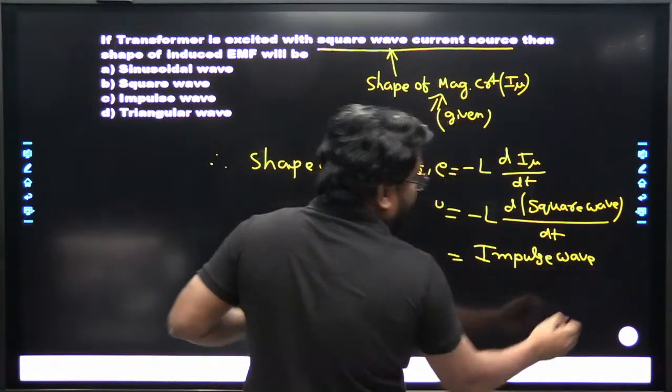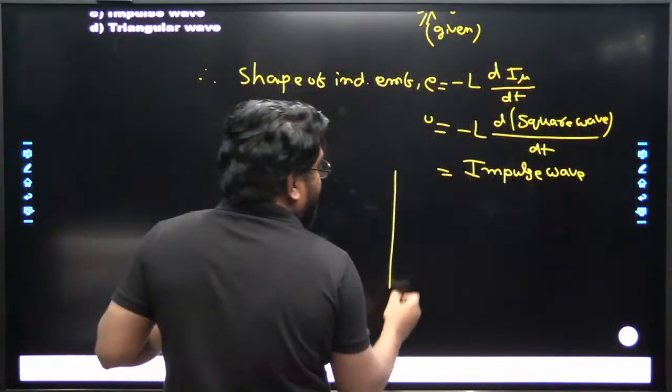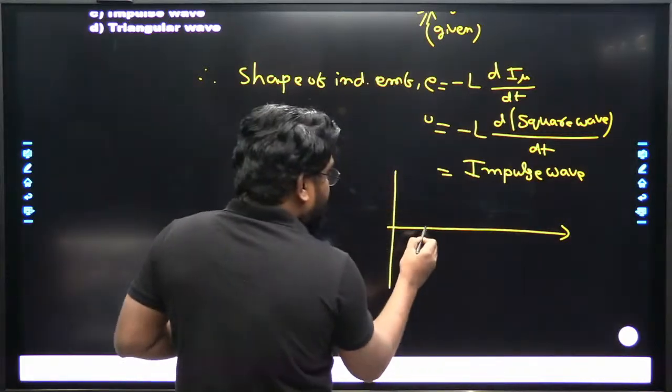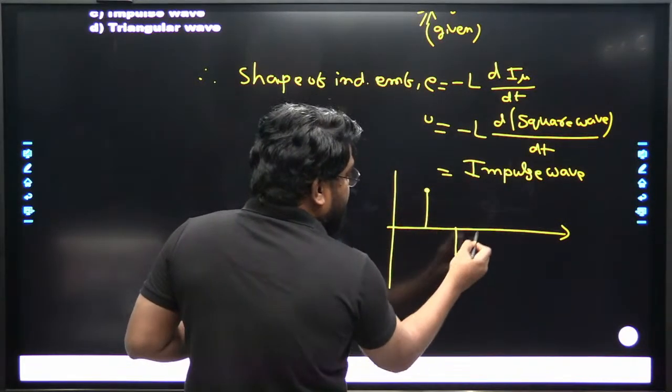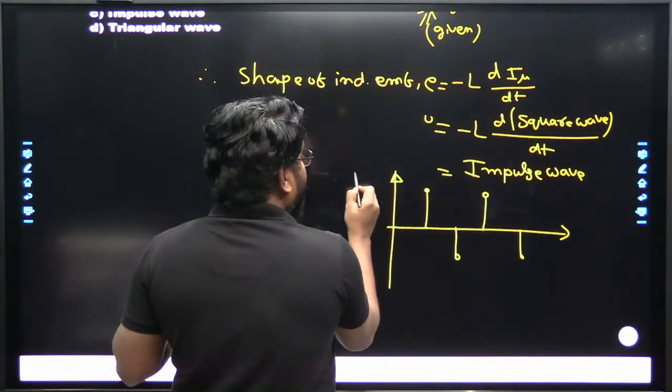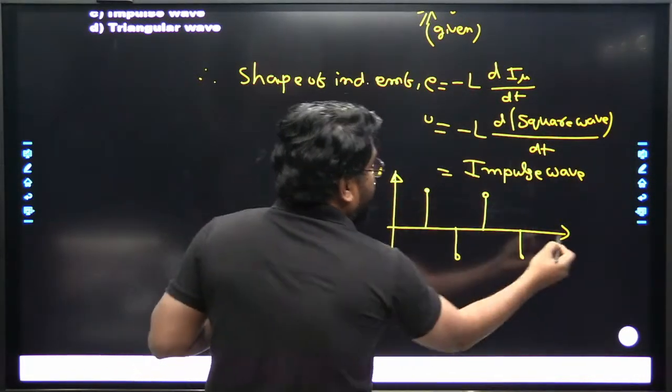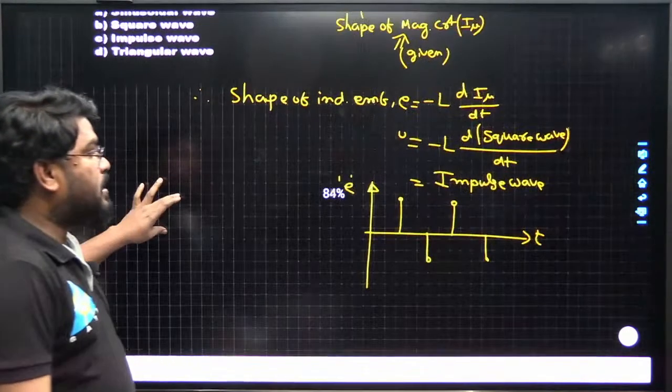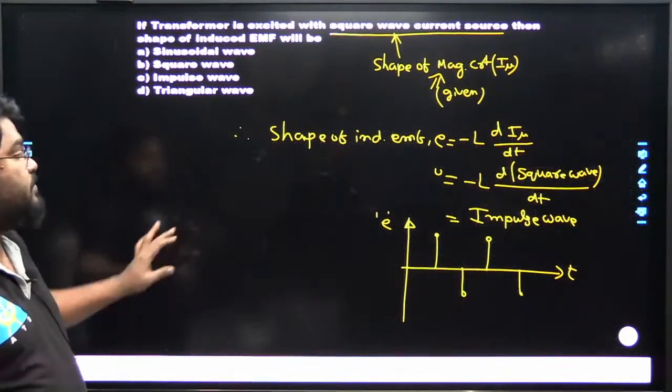What is the meaning of impulse wave? A positive impulse, negative impulse, positive impulse, like that. So if it is excited with a square wave, the shape of the induced EMF will be the impulse wave.